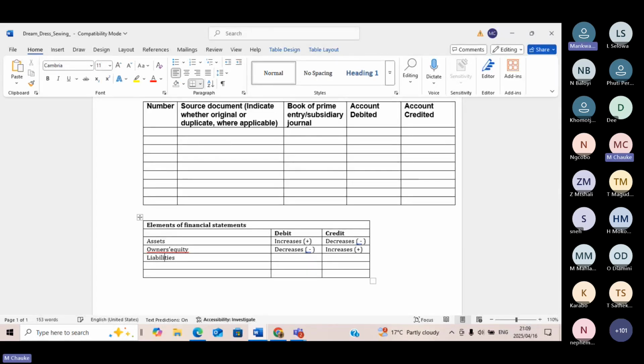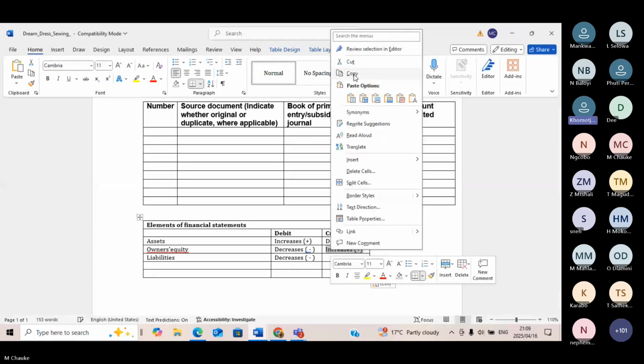Liabilities decrease on the debit side and increase on the credit side. It's the same principle as owner's equity, right? Yes.